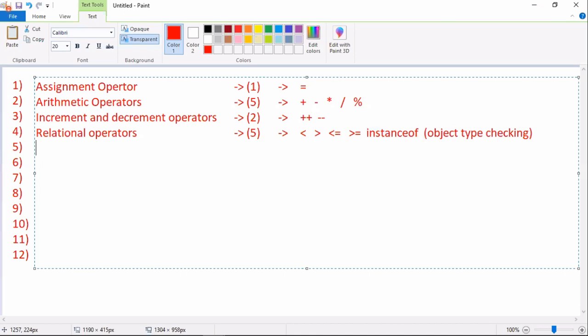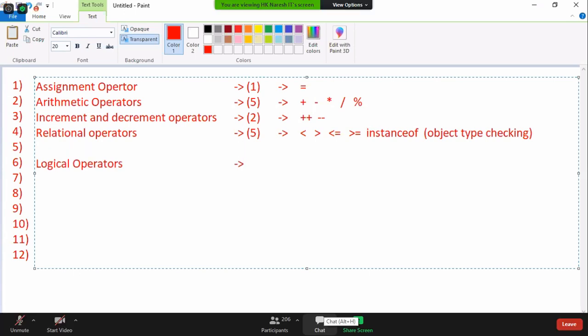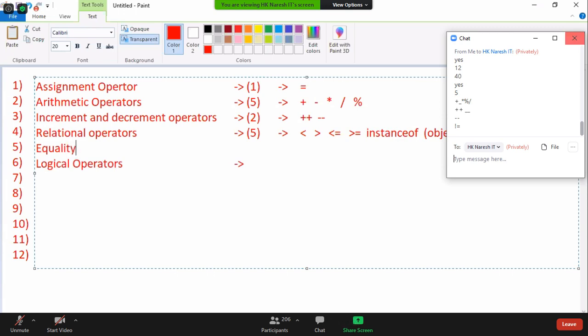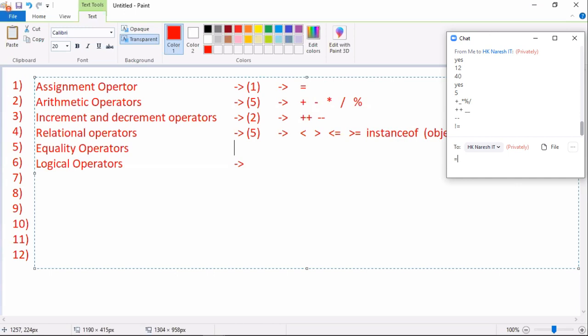Next, the fifth one is equality operators. How many equality operators? We have two. What are the two equality operators? Double equal to and not equal to.